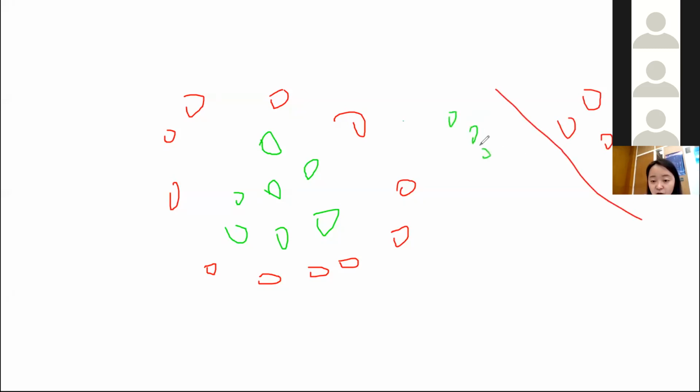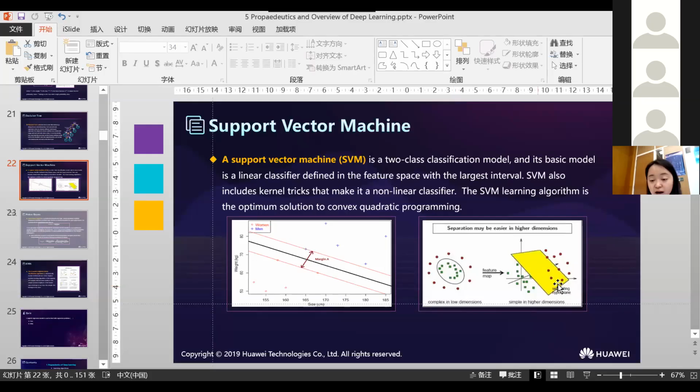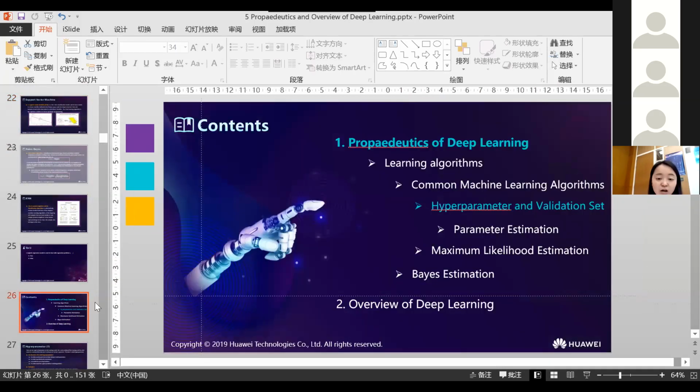One typical example is that we can convert these samples into higher dimensions so that the samples can be separated linearly. So that is all the commonly used machine learning algorithms we would introduce for this HCIA-AI training.